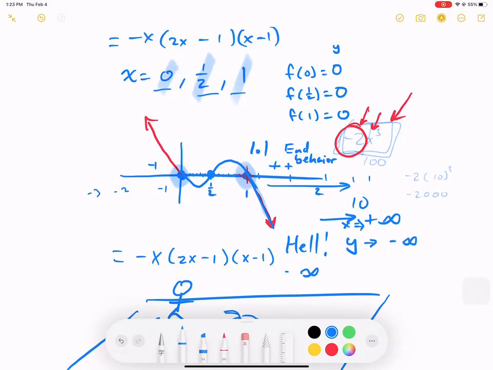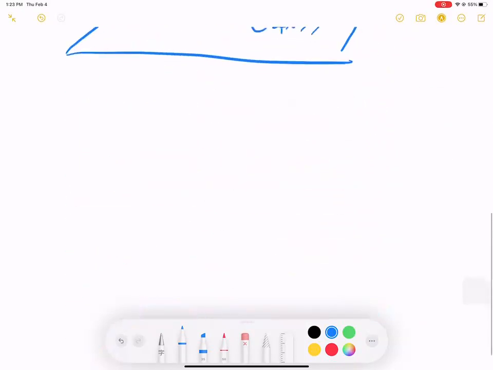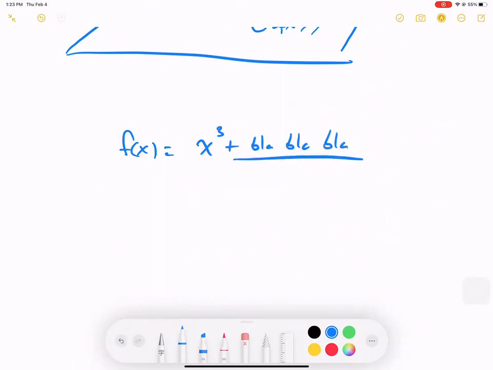Now, let me go ahead and give you guys an example of this. If I write f of x is equal to x cubed plus blah, blah, blah. I don't care what's here. It's actually just fluff.